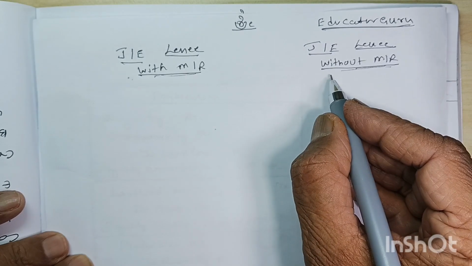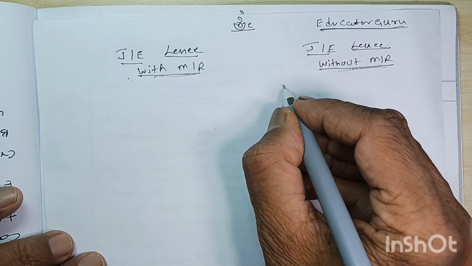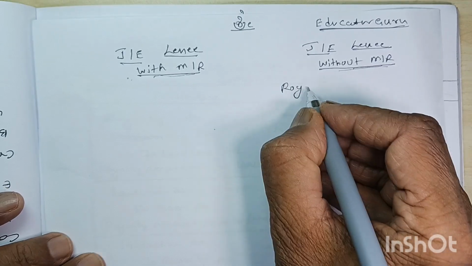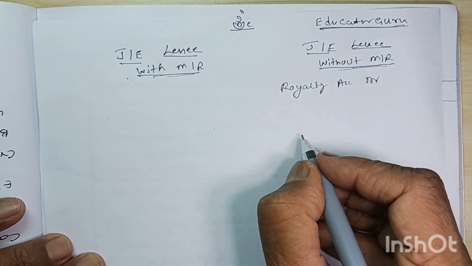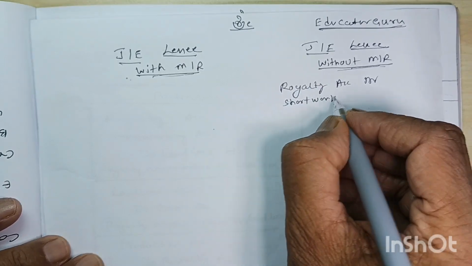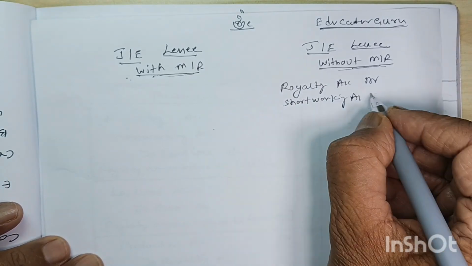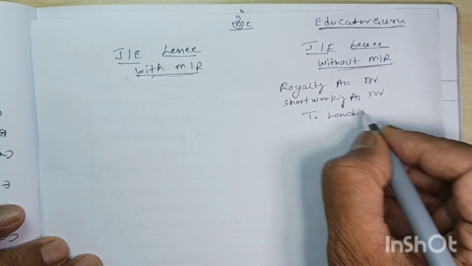First I will show you without minimum rent. Without minimum rent, it is very simple: royalty account debtor, short working account debtor, to landlord account.